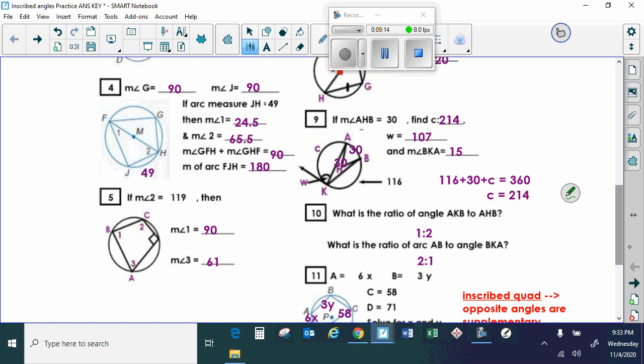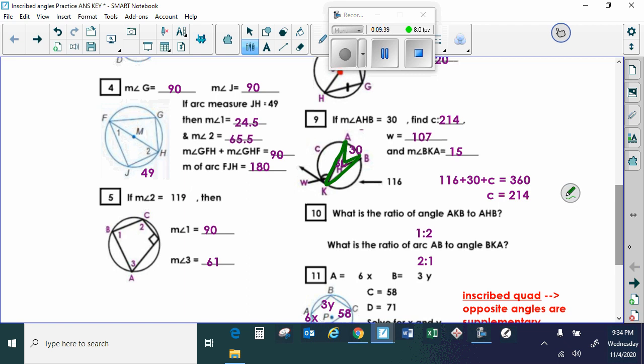What's the ratio now of angle AKB, this one, to AHB, this one?